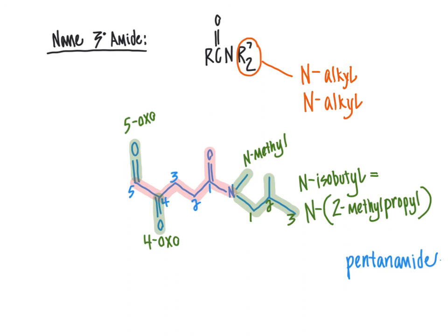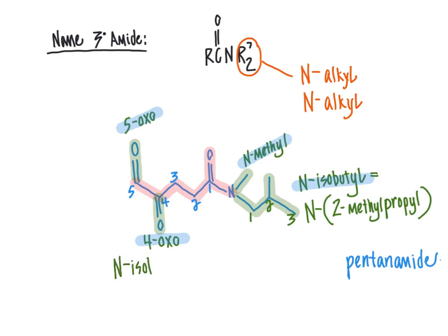So now we go ahead and we are going to plug in our branches into the prefix of this name. So we have oxo, oxo, N-methyl, and N-isobutyl. Alphabetizing those and plugging them in, what we will do is we will have, coming first in the alphabet, remember that we do use the term iso when alphabetizing, so therefore iso comes first ahead of the other letters that we are looking at here.